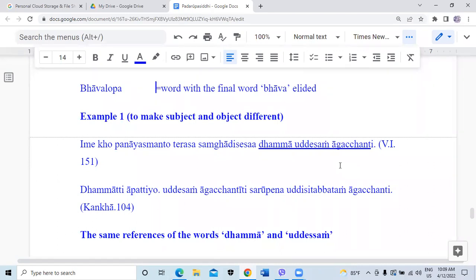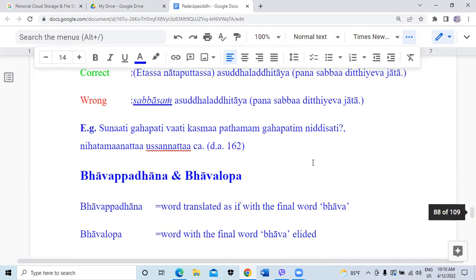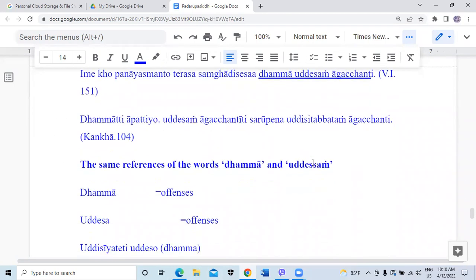The verb Gachati is transitive, so it must have a subject, Purisa, and an object, Nagara. They must not be the same. If they are the same, we must consider one of them as Bhavataddhita or Bhavalopa.